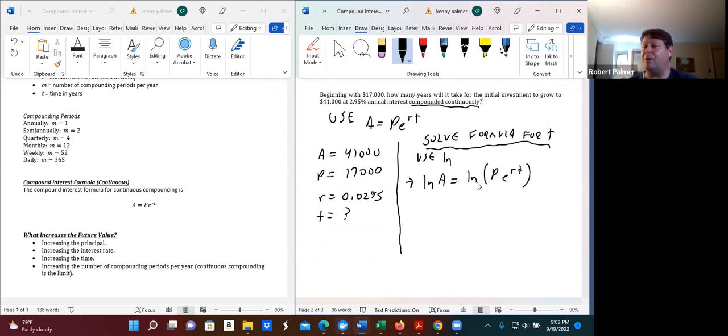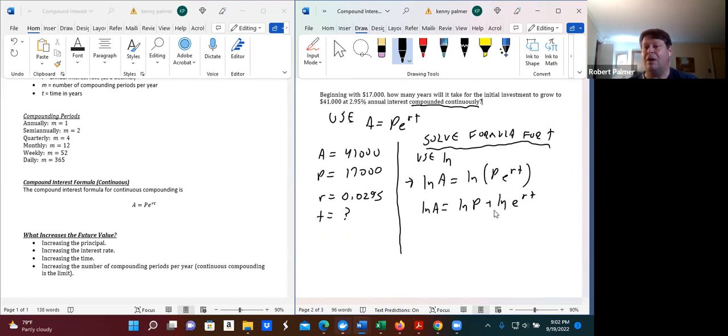Well, over here, I can use properties of logarithms to simplify this and expand it out. The left side is still the same. Since this is a product, I'm multiplying P times the exponential, then I can essentially add these. It's going to be natural log of P plus the natural log of e to the rt.